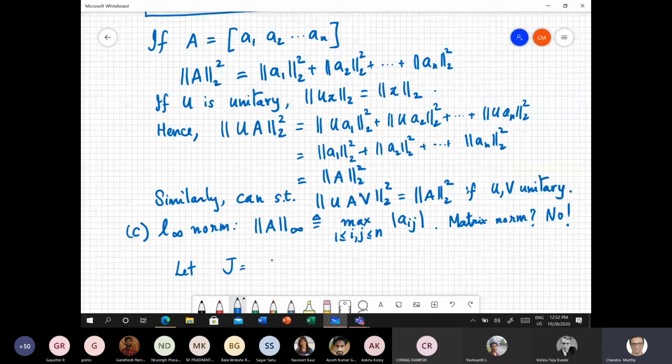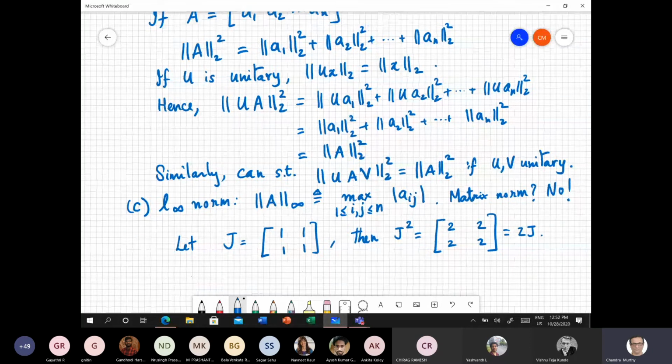So if I consider J equal to the all ones 2 cross 2 matrix, then J squared is the all twos matrix, which is equal to 2 times J. So if I look at the L infinity norm of J as per this definition, it's the max magnitude entry, it is 1.